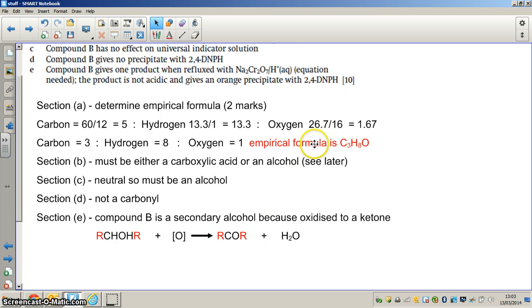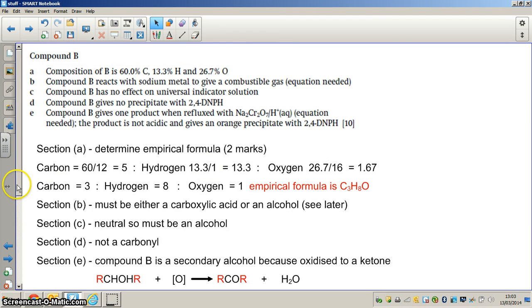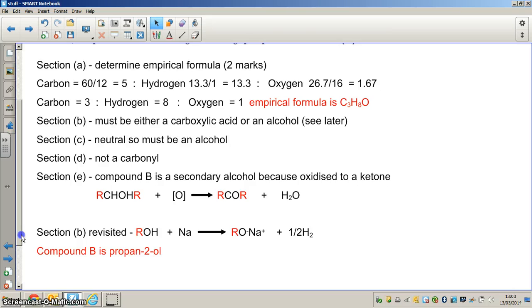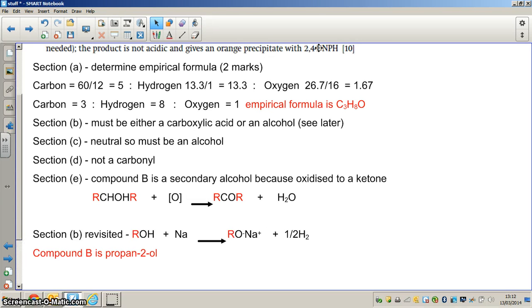And now we look back at the empirical formula, and if we move on, we can now write the equation that was required in section B. So we have our secondary alcohol reacting with sodium metal to make a salt and releasing the combustible gas, which is hydrogen.